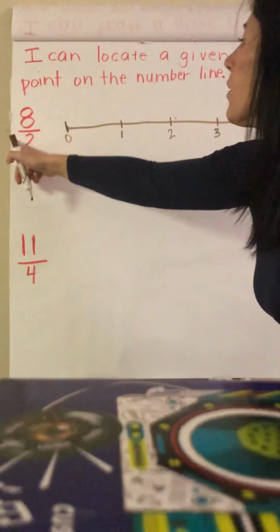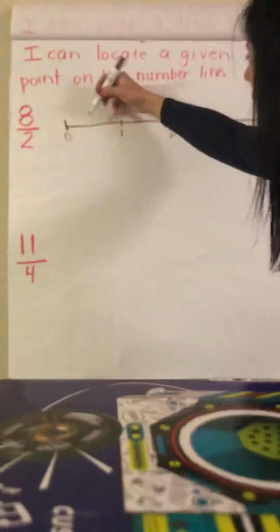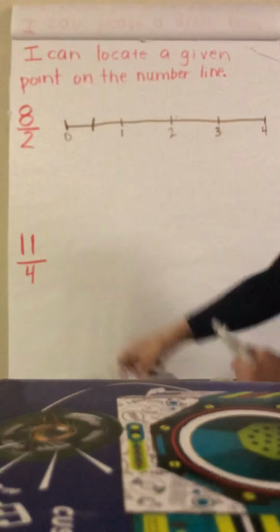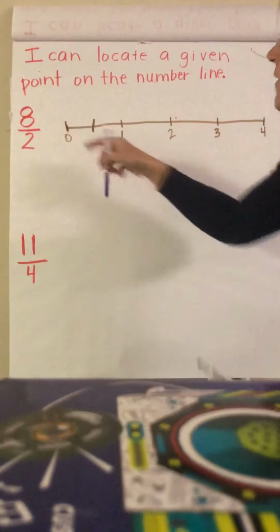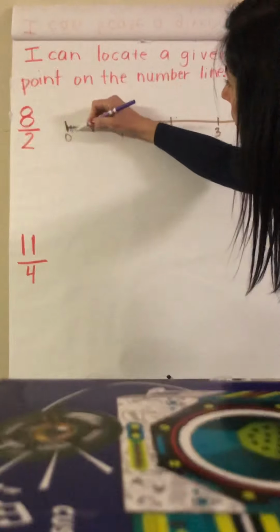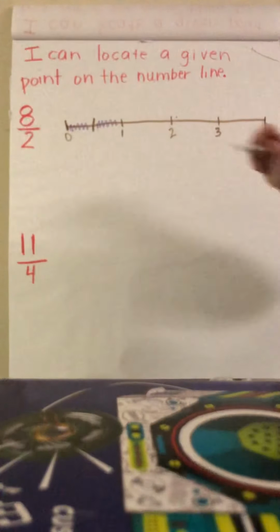First of all, we're going to partition in half. So I know that I need to break this number line in half. So I need 8 of these little pieces right here. So here's 1, 2, need 6 more.